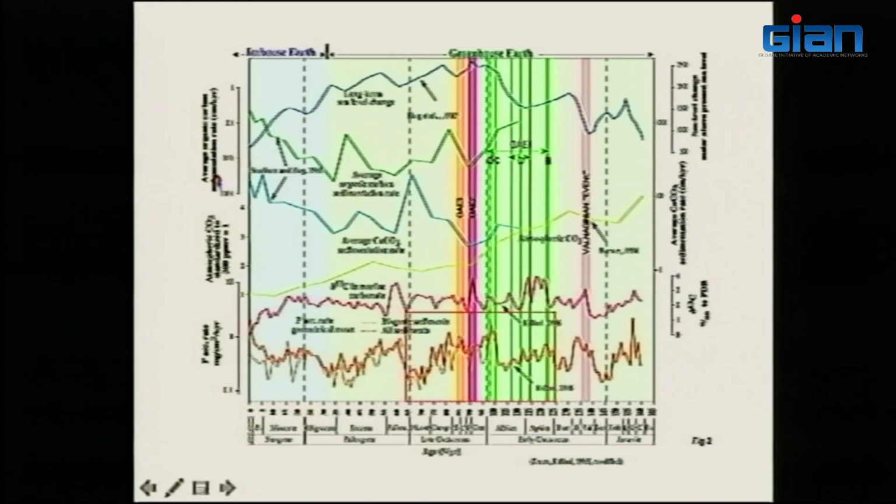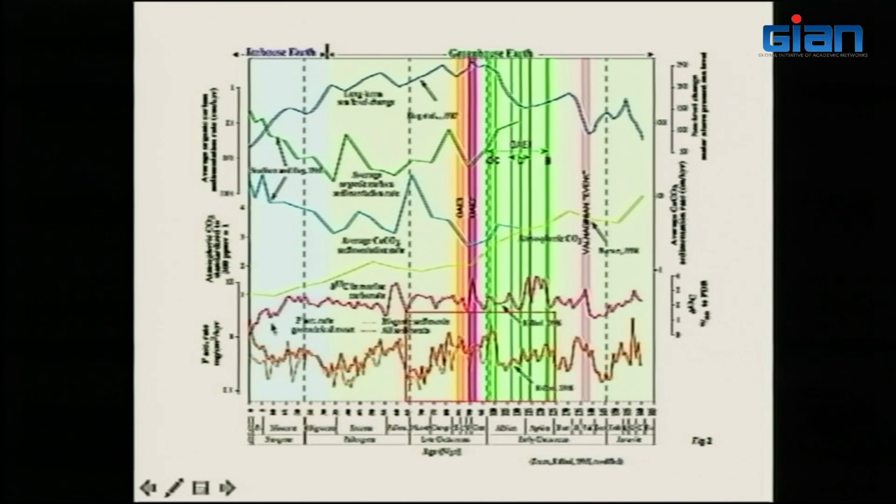This one we took from the literature: the long-term sea level change. If we start on top, here is the average organic carbon sedimentation. This is average calcite carbonate sedimentation. This is the atmospheric CO2, this is the delta C13, and this is the phosphorus accumulation.